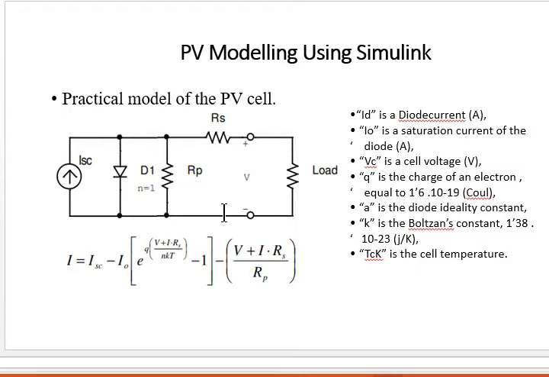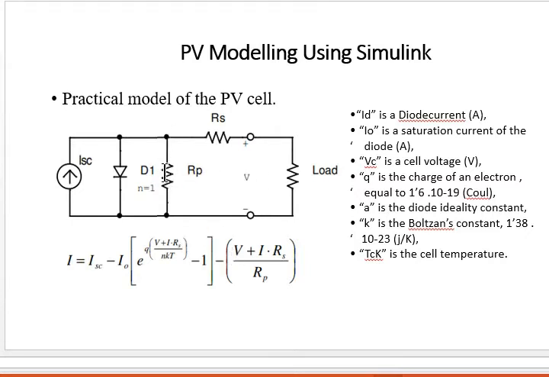The current flowing here will be equal to the total current, the current I short circuit, or the ideal current, minus the current flowing through this diode, that is I0 times this exponential function, the diode current, minus the current flowing through this shunt branch. And what current will flow through this shunt branch? It will be equal to the voltage across this resistance divided by this parallel shunt resistance.